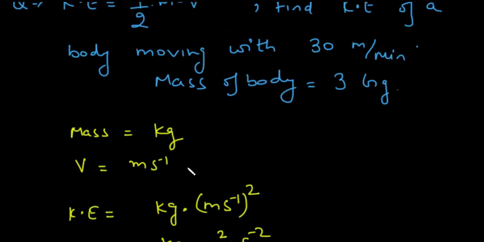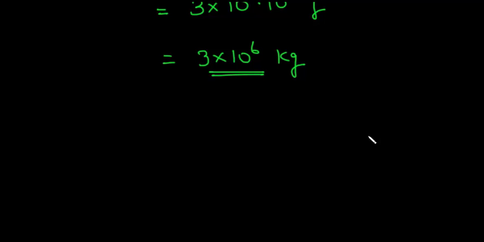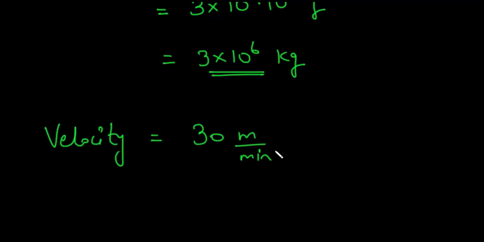Now we must find velocity in meter per second. Velocity is given as 30 meter per minute. Numerator is correct, but we must convert minute to second. 30 meter per minute.